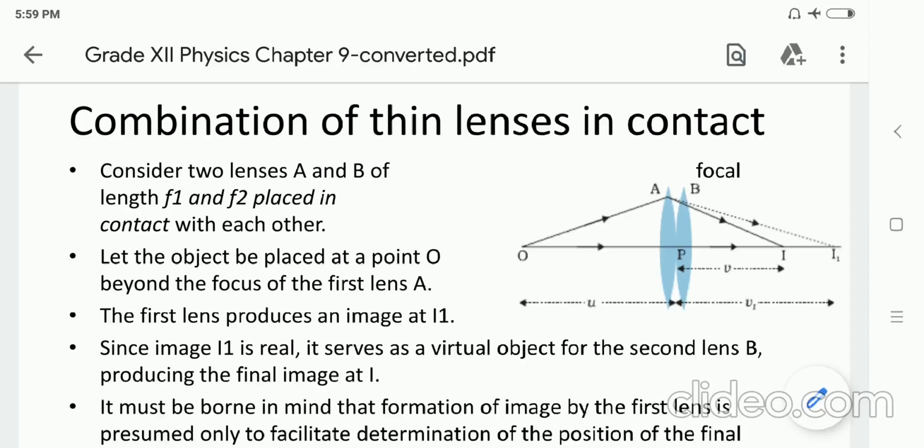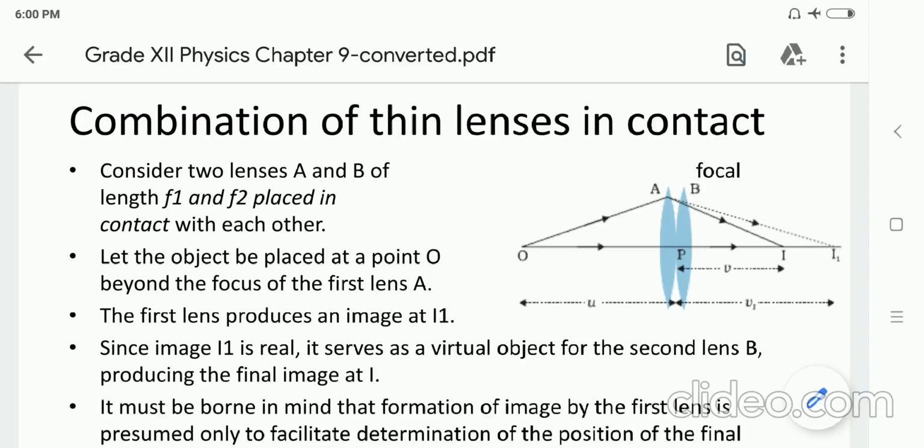So here, the image formed by the first lens is considered as the virtual object of the second lens B, and it helps to determine the position of the final image.